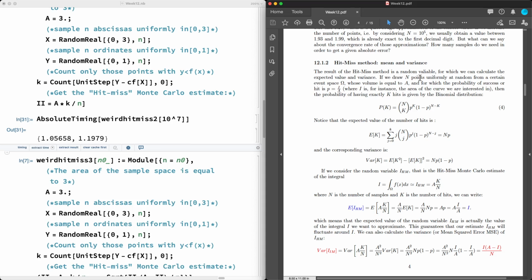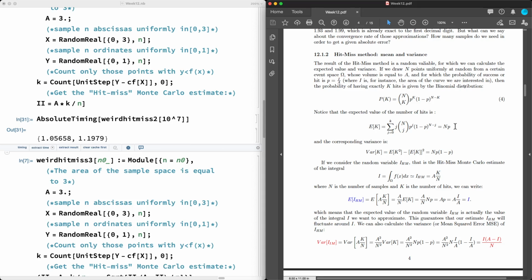So if we draw N points uniformly at random from a certain event space whose volume is equal to A, and for which the probability of success or hit is P equals I over A, then the probability of having exactly K hits is given by this binomial distribution. And then you can calculate the expectation value and the variance of that distribution.